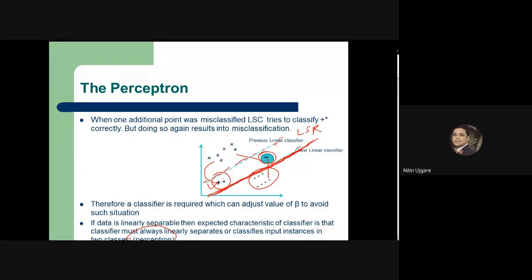The coefficients of beta are beta 0 and beta 1. These are the two coefficients of this weight vector beta, or you can call it the coefficient vector beta.